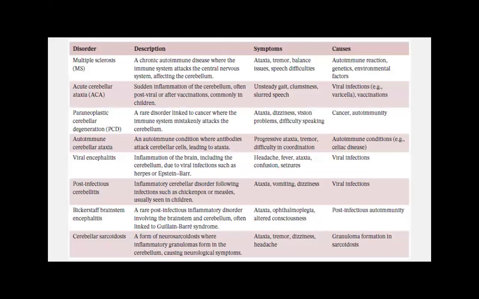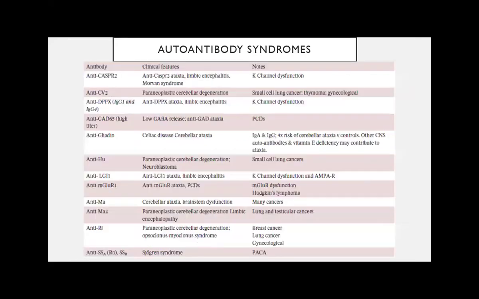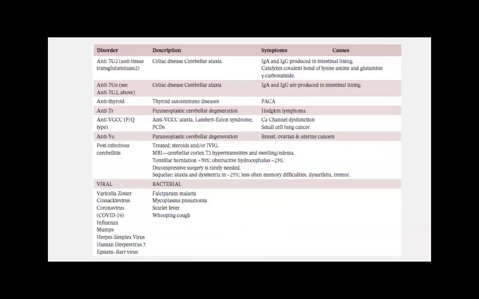These immune conditions include MS, acute cerebellar ataxia, paraneoplastic causes of cerebellar degeneration, autoimmune cerebellar ataxia, viral encephalitis involving the cerebellum, post-infectious cerebellitis, Bickerstaff's encephalitis, cerebellar sarcoidosis, autoantibody syndromes involving Caspr2, anti-CV2, anti-DPPX, GAD65, and gliadin, that is celiac disease associated, anti-Hu, anti-LGI1, mGluR1, MA2, and can be associated with anti-SSA as well.